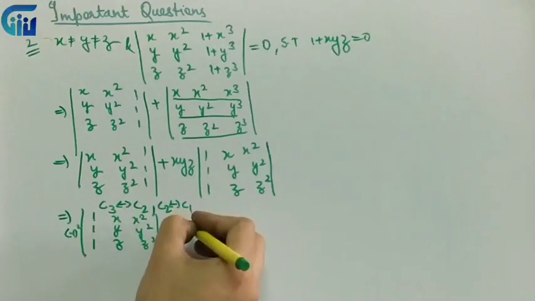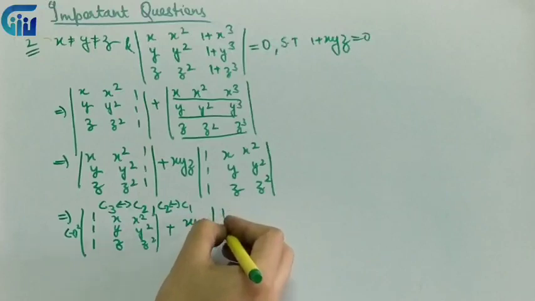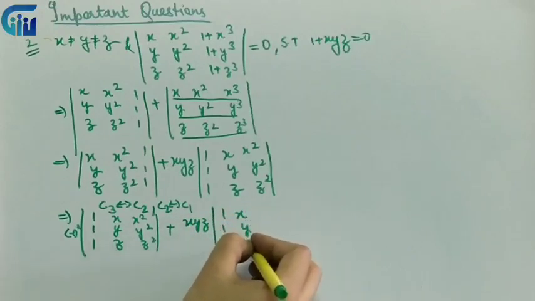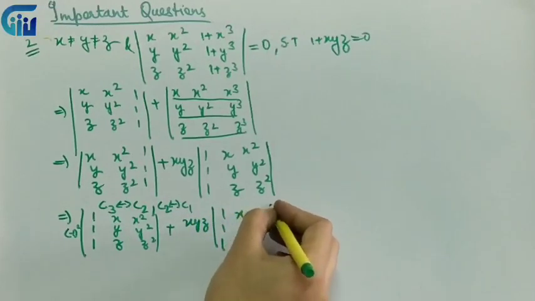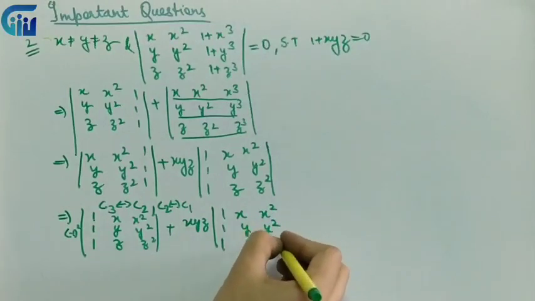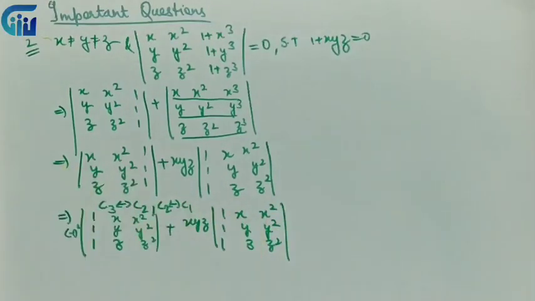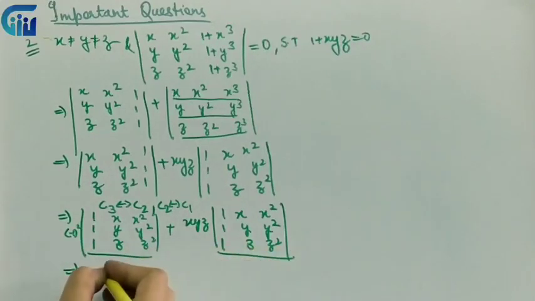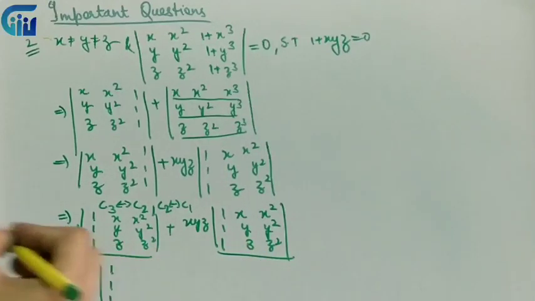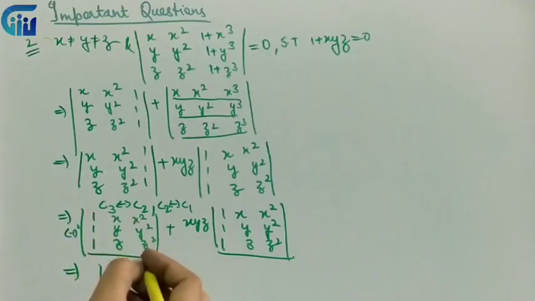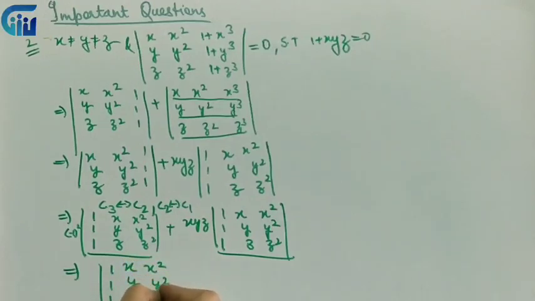So then I'll write this as it is. This is x, y, z. This is 1. This is x square, y square, and this is z square. Since both the determinants are same, I can take it common. If I take these two determinants common, I will write them once, and within the bracket, I'll write whatever will be left.